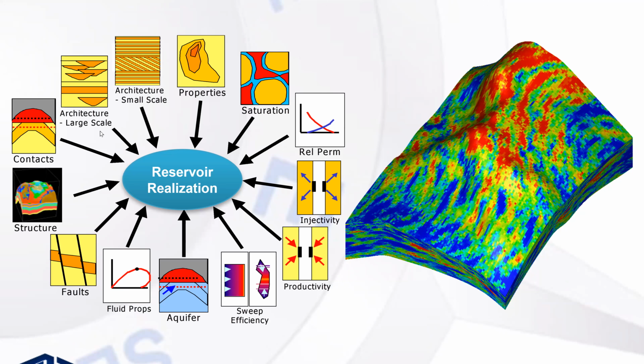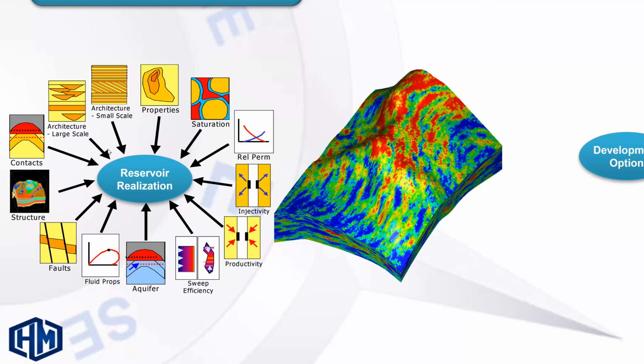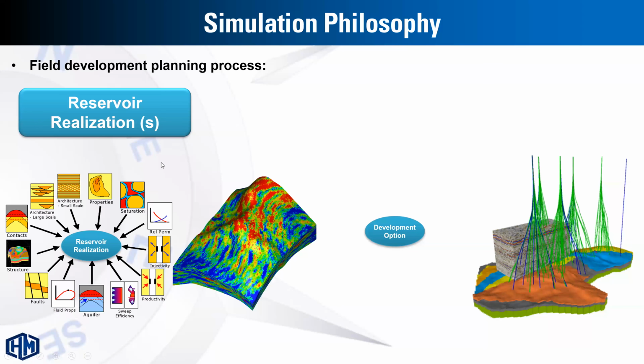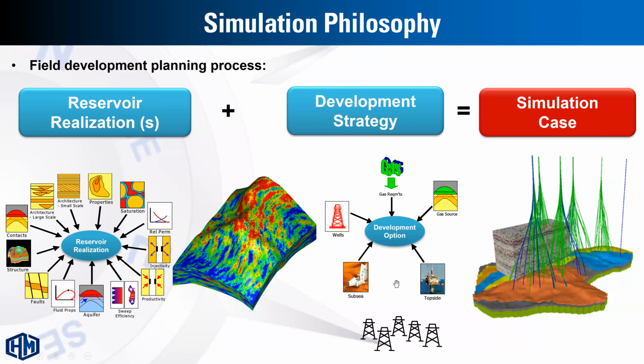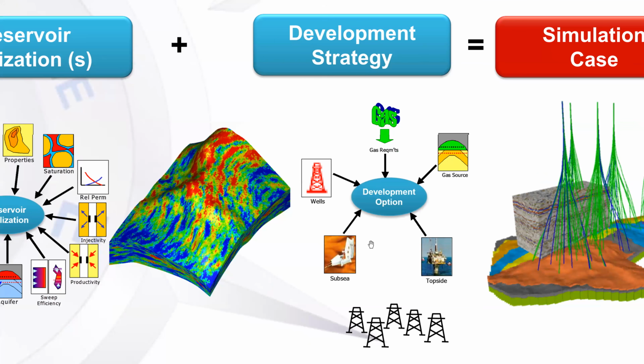So this represents a single reservoir realization. Then we have to define a specific development strategy, which means for this realization, we have to define a specific strategy or development option to define how many wells will be or can be drilled, what the well controls and production controls are, the different sources, the rig capability, and so on.